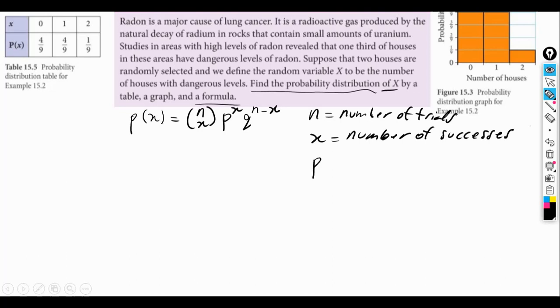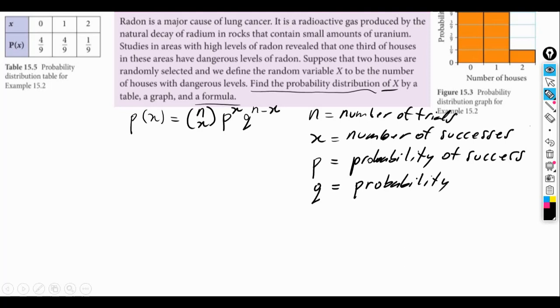And then p is the probability of success, whereas q is the complement of this, or the probability of failure.